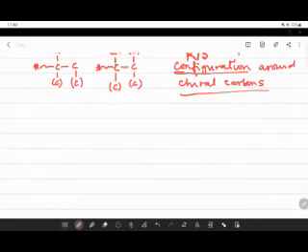I mentioned to you that for a pair of enantiomers, they will rotate plane polarized light to the right or to the left. So one of the pair will rotate the plane polarized light to the left, the other will rotate it to the right.